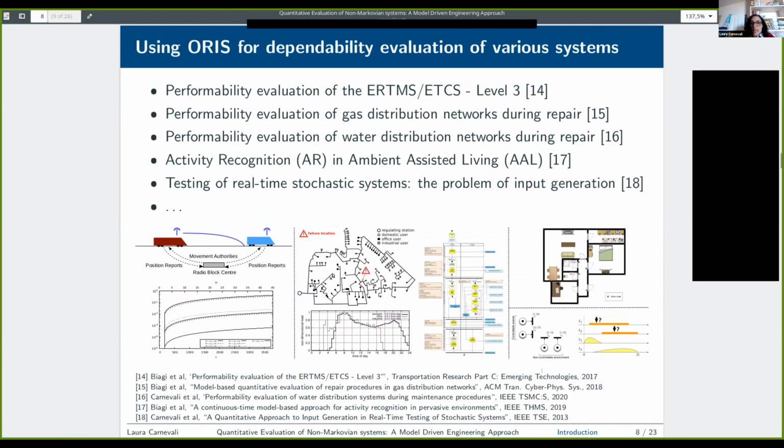And so along the years, we have applied this kind of approaches to dependability evaluation of various systems. In particular, I would like to mention performability evaluation of railway signaling systems, performability evaluation of repair procedures for gas and water distribution networks, and also activity recognition in ambient assisted living, and input generation for testing of real-time systems with uncertain behavior.